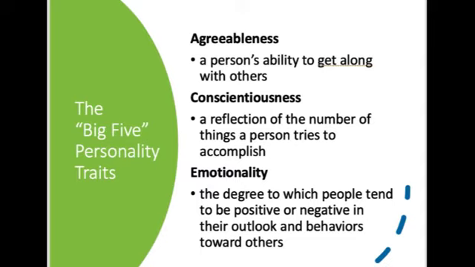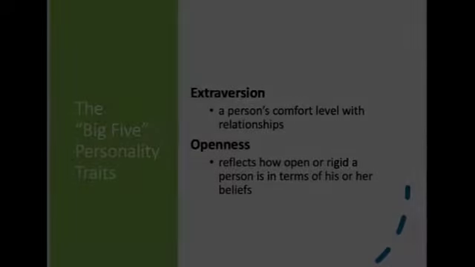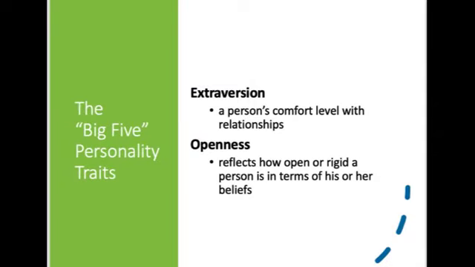Can a person conscientiously accomplish many different things, or are they really only good at a few? Emotionality is defined as the degree to which people tend to be positive or negative in their outlook and behaviors towards others. Moving along to traits 4 and 5, extroversion is defined as a person's comfort level with relationships, whereas openness reflects how open or rigid a person is in terms of his or her beliefs.